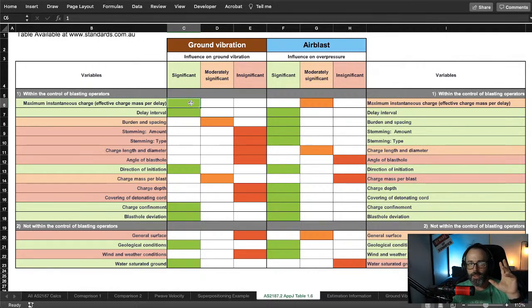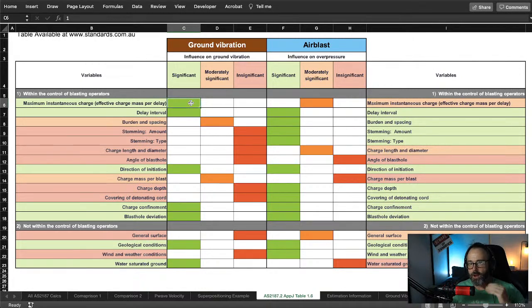So in this one here, generally speaking, as a starting point, I look at the holes that are fired within 8 milliseconds. Now, that's an old shock tube sort of non-electronic concept, but I think it's a really important concept.